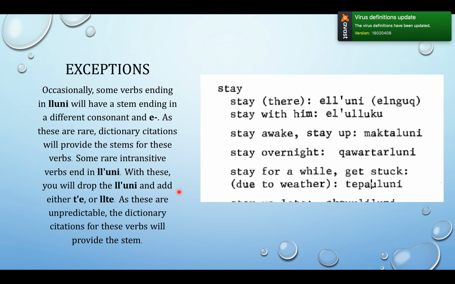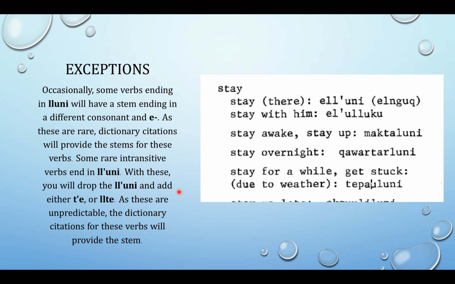With these, you'll drop the shuni and add t apostrophe e or double l te. As these are unpredictable, the dictionary will tell you what they are as well. It's a bummer that there are exceptions, but what's nice is that the dictionary will give those answers to you.